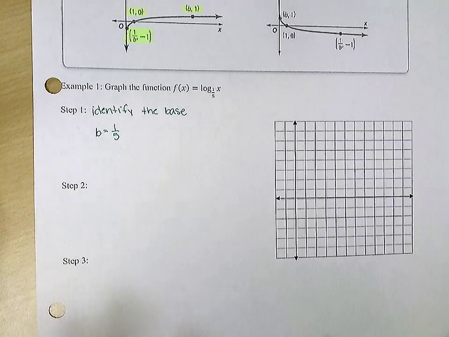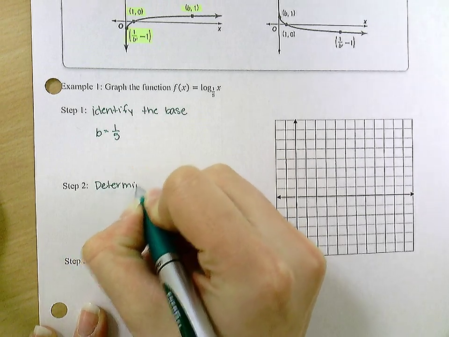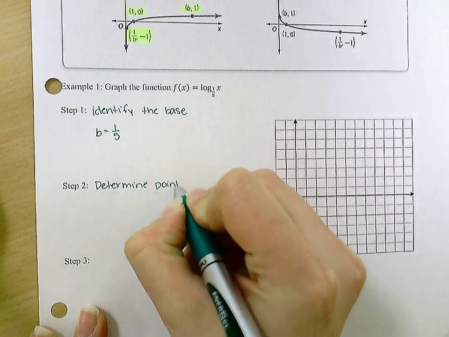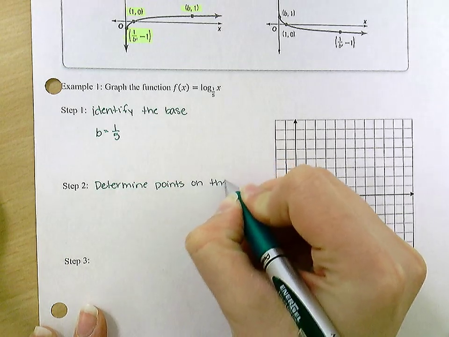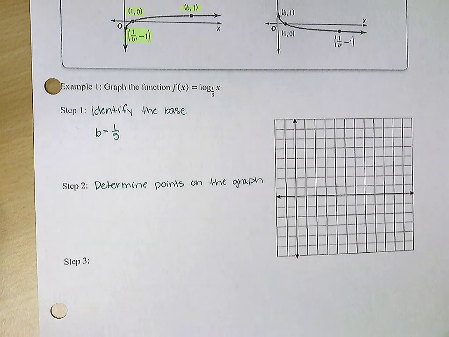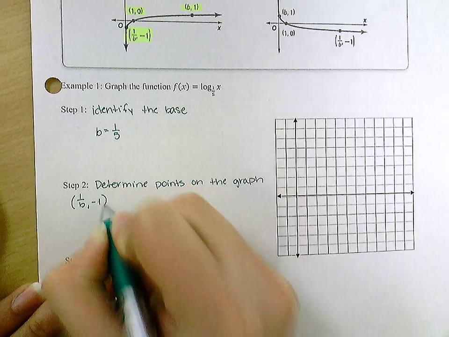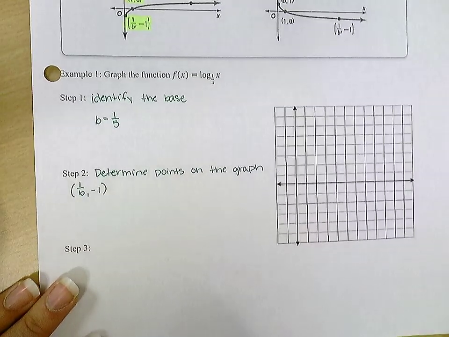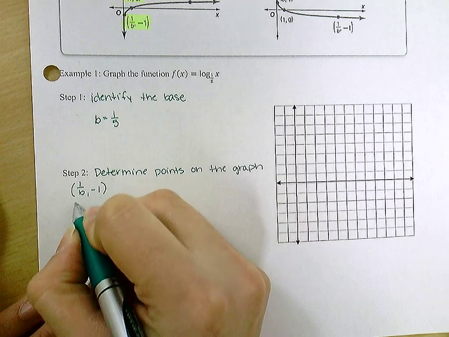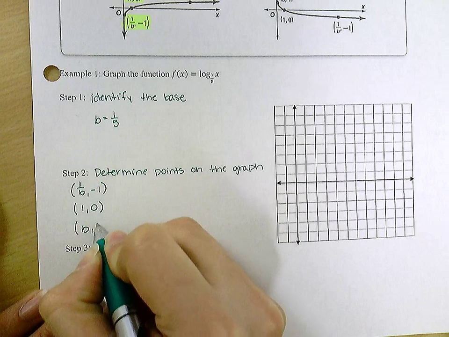Step 2 is to determine points on the graph. Again, we're going to use those highlighted coordinates from above: 1 over b, comma negative 1; 1, 0; and b, 1.